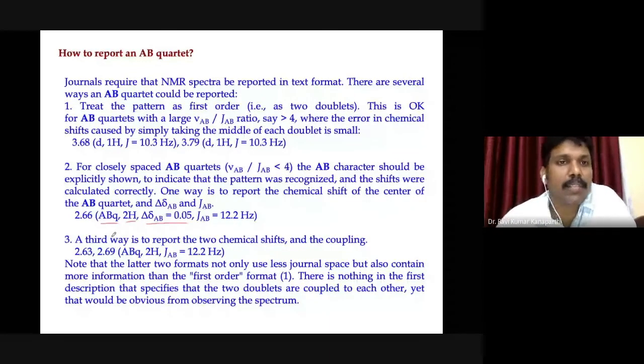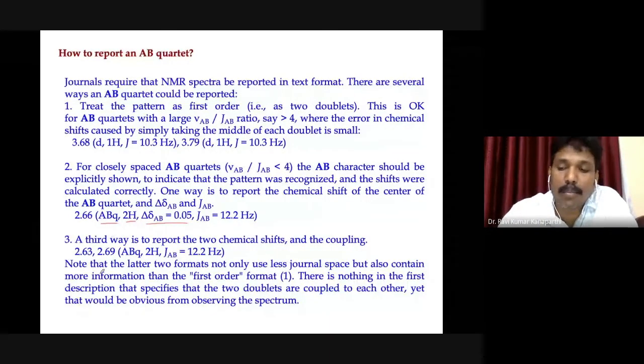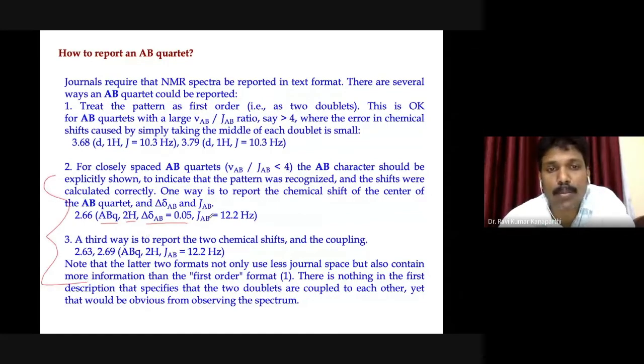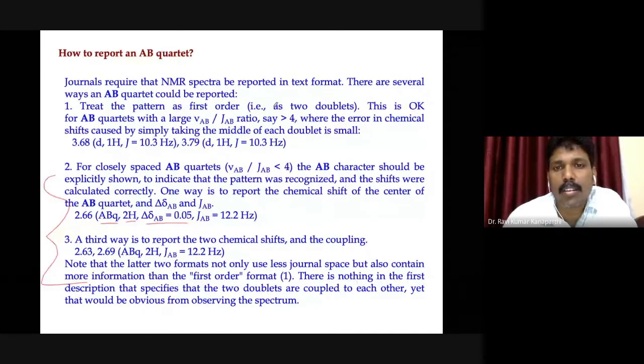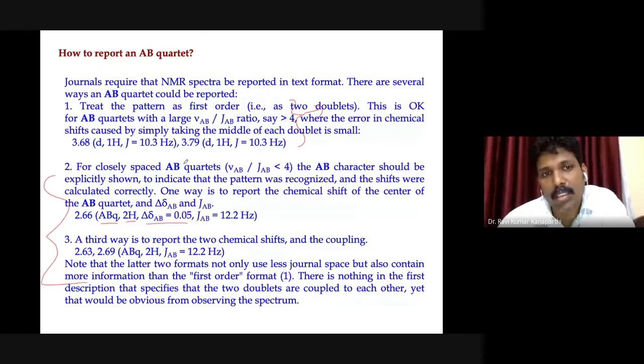So there are three different ways of representing the NMR data in a research paper, and these two are the more appropriate ways to represent the AB quartet. The other is not the method that is followed. This method is okay only when the AB chemical shift values are somewhat far apart.